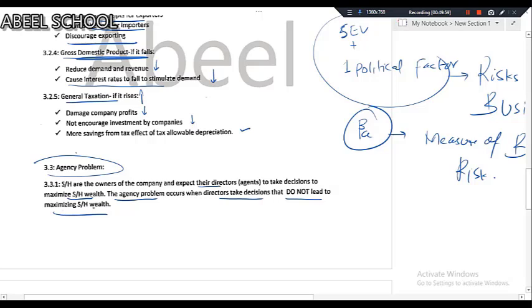And third, do we have any solution for those decisions? So listen, students, what are those decisions of the BOD which do not lead to an increase in the wealth of shareholders, and do they make such decisions intentionally or unintentionally?